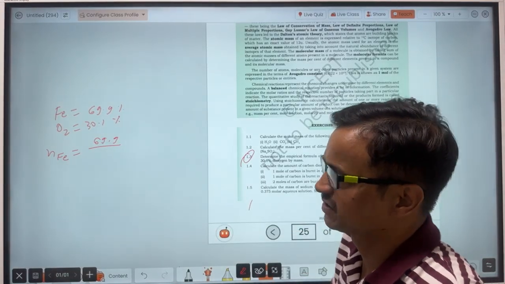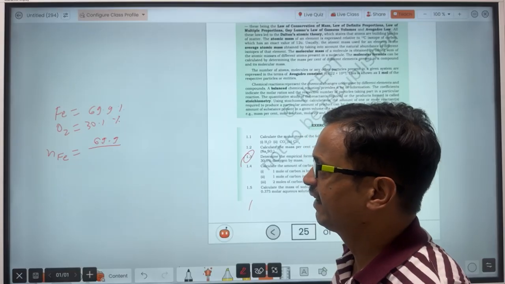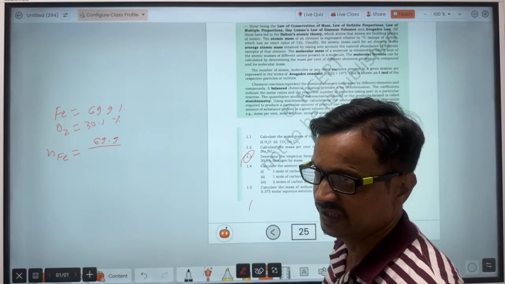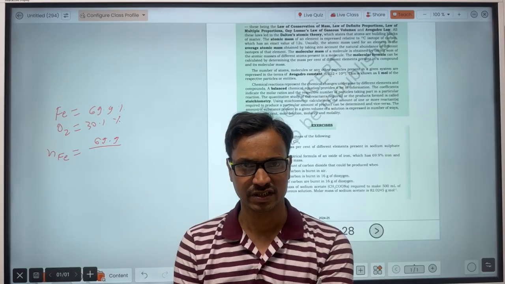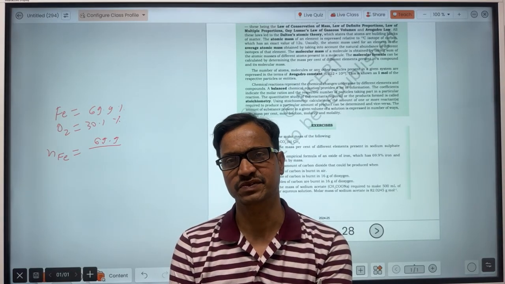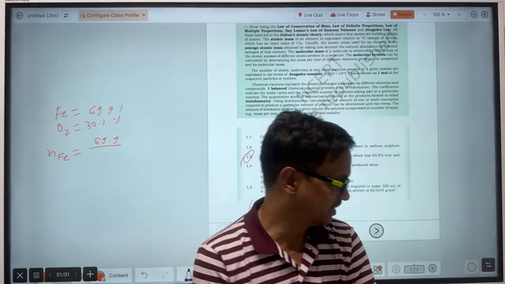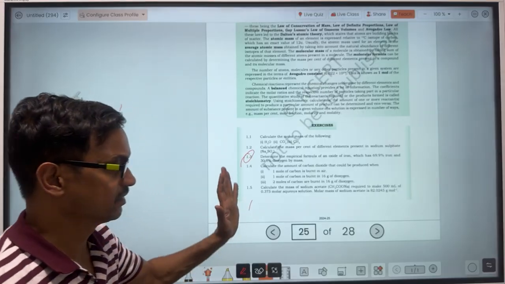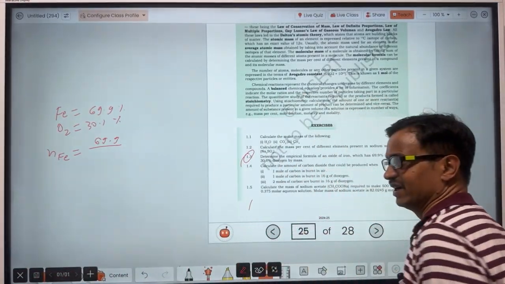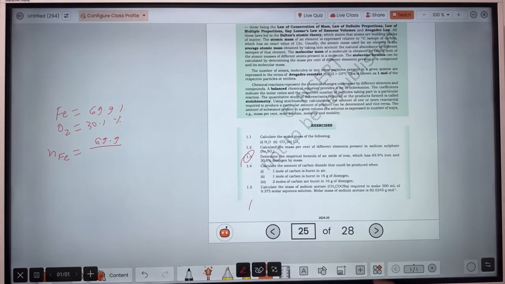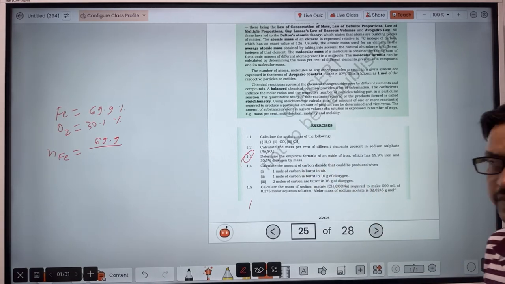So iron will be how much? 69.9 gram and oxygen will be 30.1 gram. If the weight of the oxide of iron is 100 gram, then the weight of iron will be 69.9 gram and that of oxygen will be 30.1 gram.